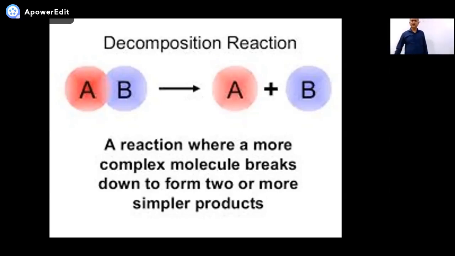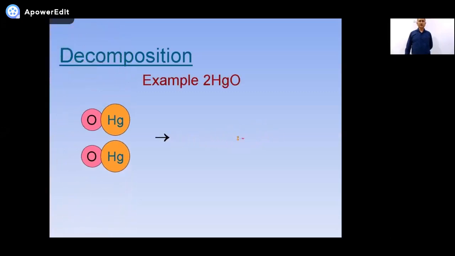So what is written on the screen? A reaction where a more complex molecule splits down, breaks down into 2 or more simpler products. As you can see on the screen, AB is a compound, and after the application of some force, some technique, it is converting into A and B. All right, let's see the examples. A compound HgO can be decomposed.